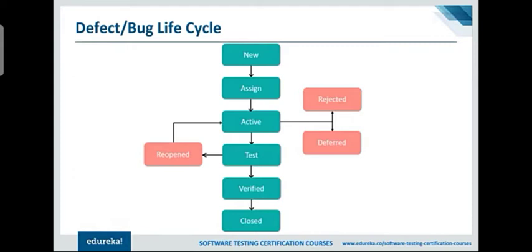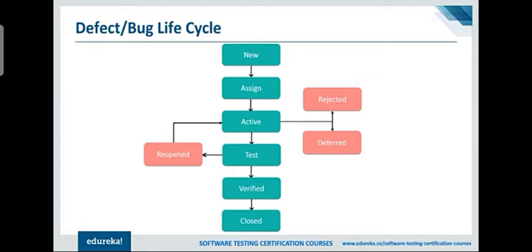Next, active or open. At this stage, the developer has started analyzing and working on the defect fix. And when the developer makes necessary code changes and verifies the changes, he or she can make the bug status as fixed and the bug is passed to the testing team.